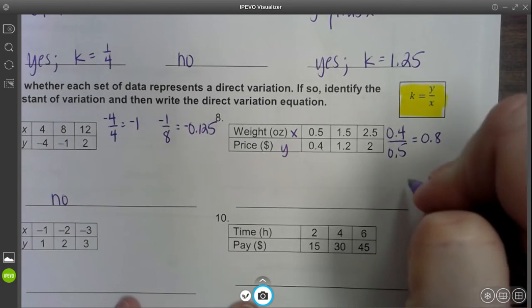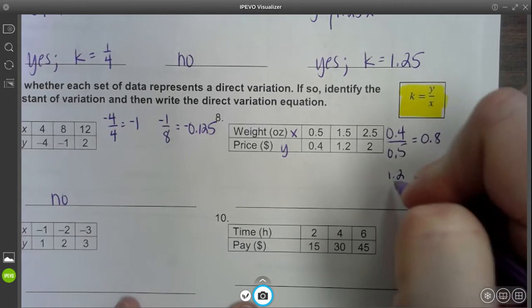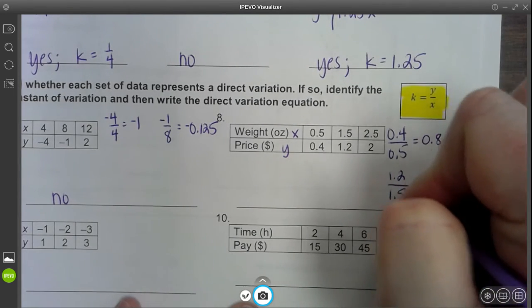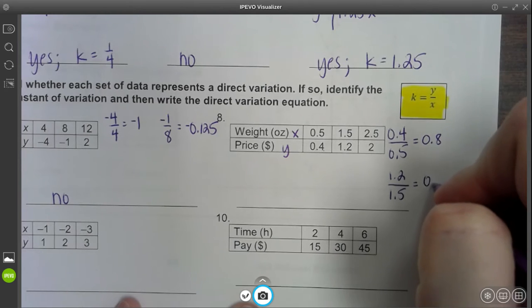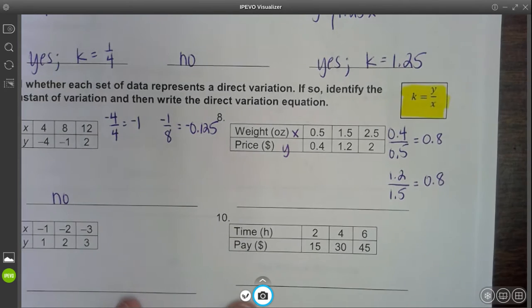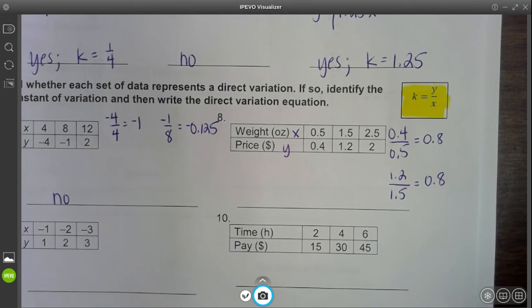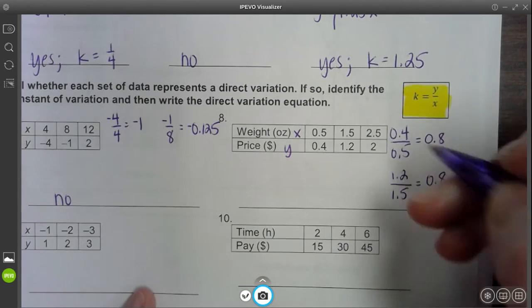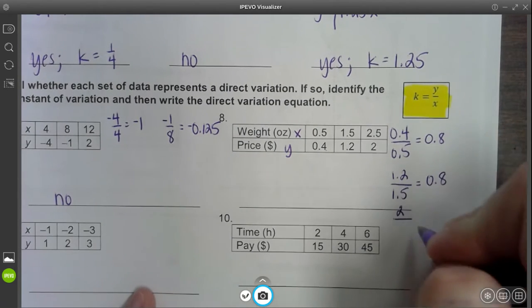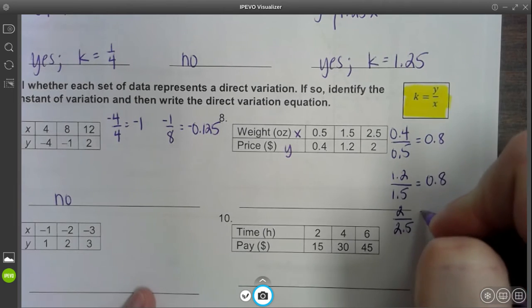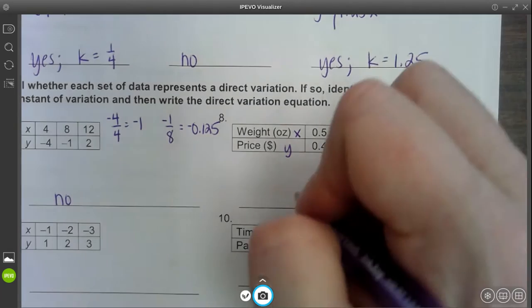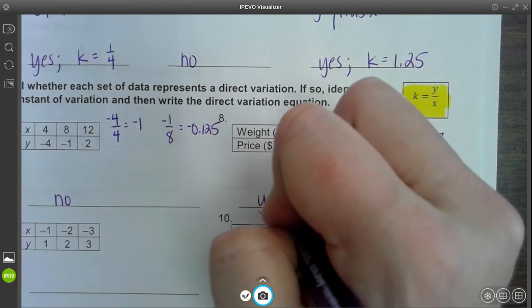Now the next y divided by the next x, 1.2 over 1.5, guess what that is? 0.8. I'm just telling you what it is, but you can check this in Desmos. And the last one, 2 divided by 2.5, is also going to be 0.8. So for this one, the answer is yes.